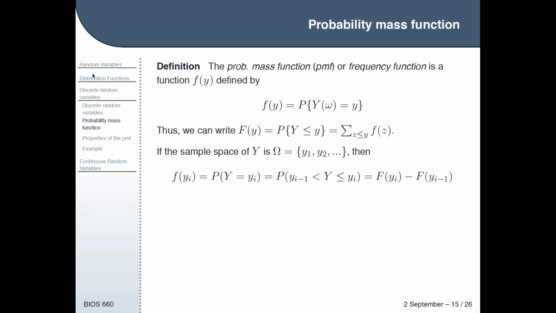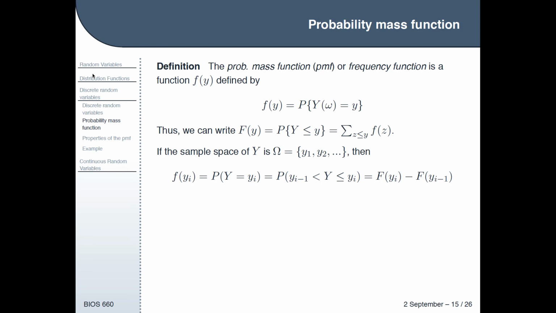And similarly, we can calculate the probability mass function in terms of the cumulative distribution function, where if y1 up to yn are the ordered possible values of the random variable Y, then the probability mass function for yi is just the cumulative distribution function at yi minus the cumulative distribution function at yi minus 1.